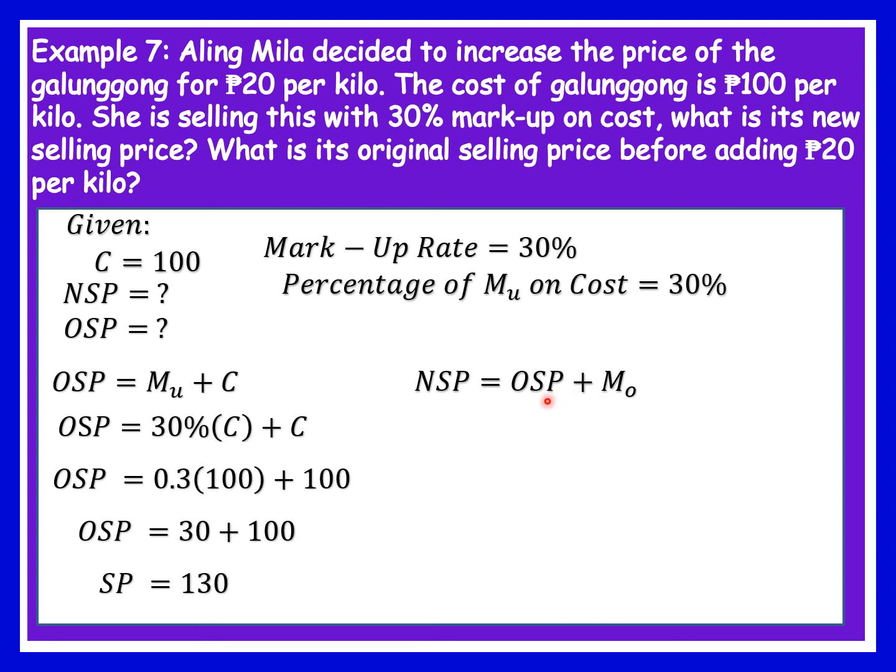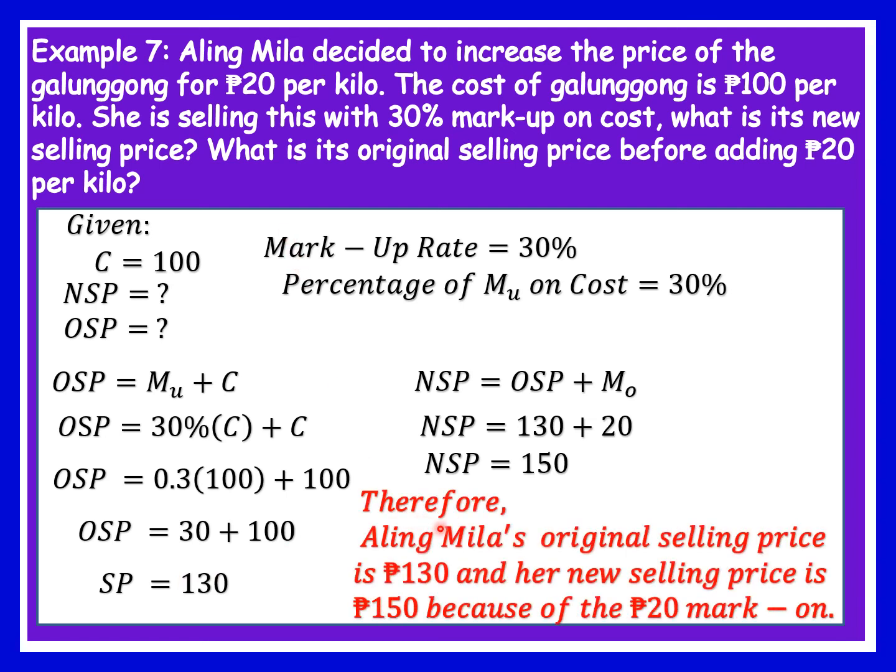Okay, so OSP, that is 130 pesos, and our mark on is 20 pesos. 130 plus 20 is 150 pesos. That will be our new selling price. So we have answered already the questions there. Therefore, Aling Mila's original selling price is 130 pesos and her new selling price is 150 pesos because of the 20 pesos mark on. Okay.